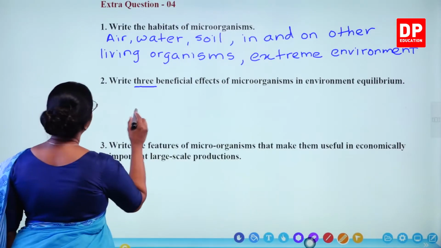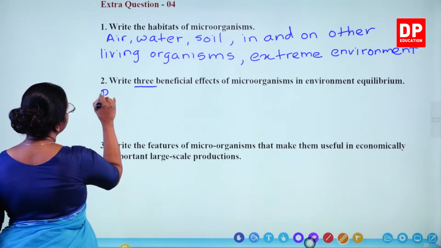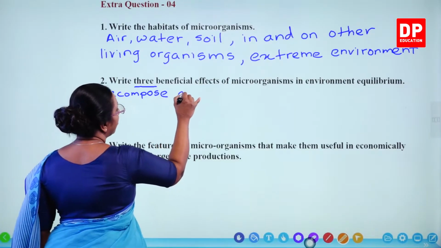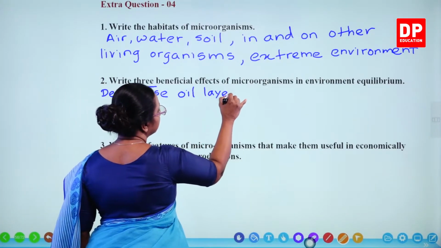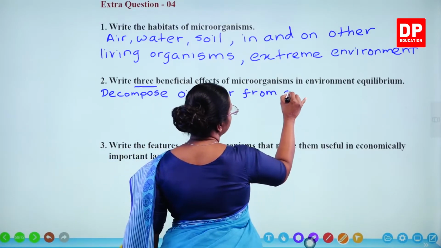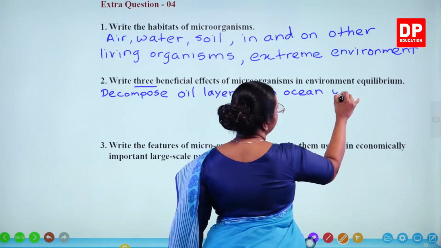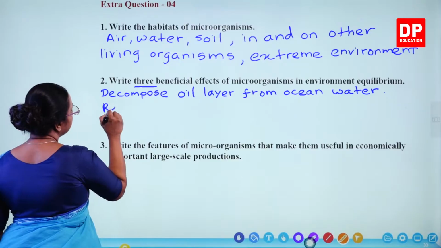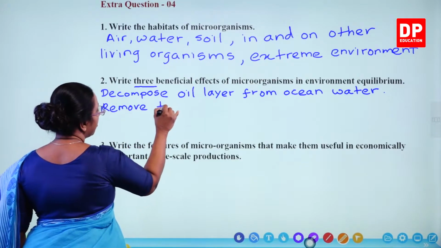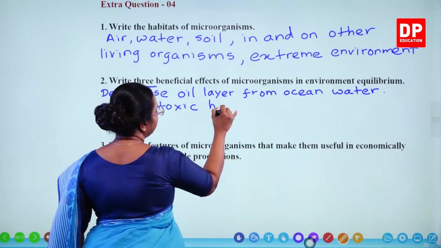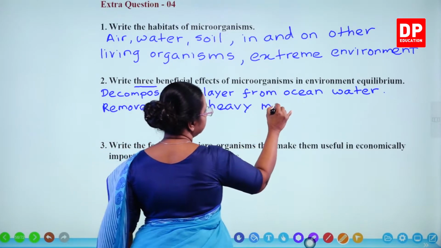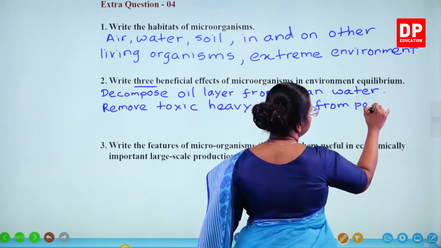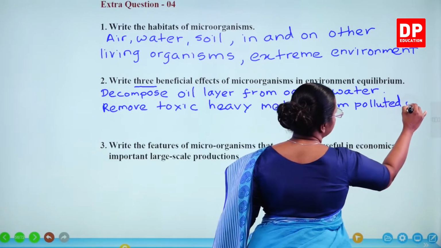So I will say the first one, decompose oil layer from ocean water. Then the second one, remove toxic heavy metals from polluted water.